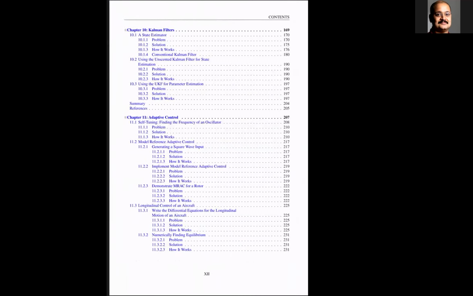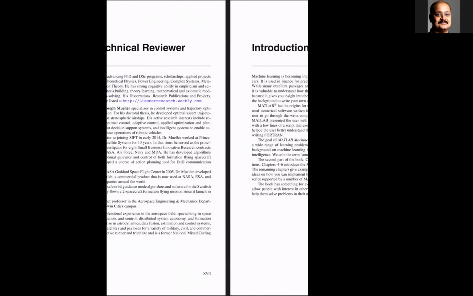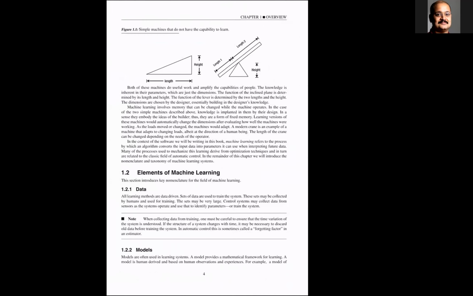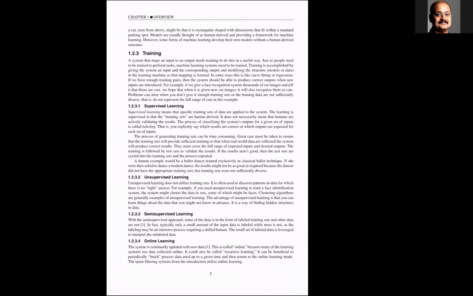You can also skim through this book, but I like it very much because it gives you the code for neurons, for pooling, for convolution and so on. In the first chapter, this is the same stuff that we talked about: what we mean by supervised learning, unsupervised learning, etc. The first part is, what is supervised learning?